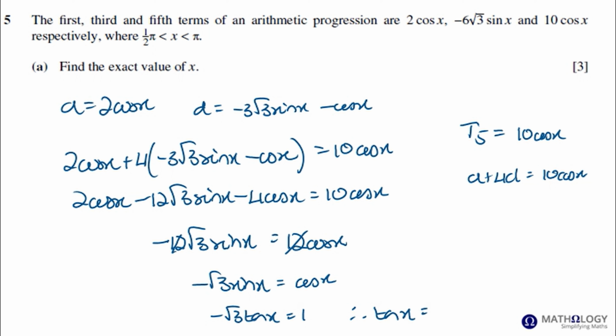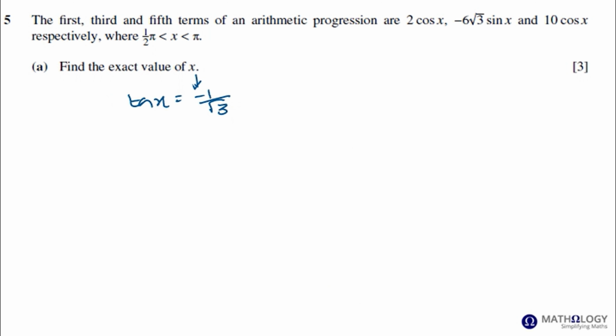Therefore tan x equals minus 1 over root 3. The minus sign here just means that the solution lies in a quadrant where the ratio tan is negative. So to find the reference angle, we just take the positive acute angle, shift tan of 1 over root 3, and remember we're working in radians here.